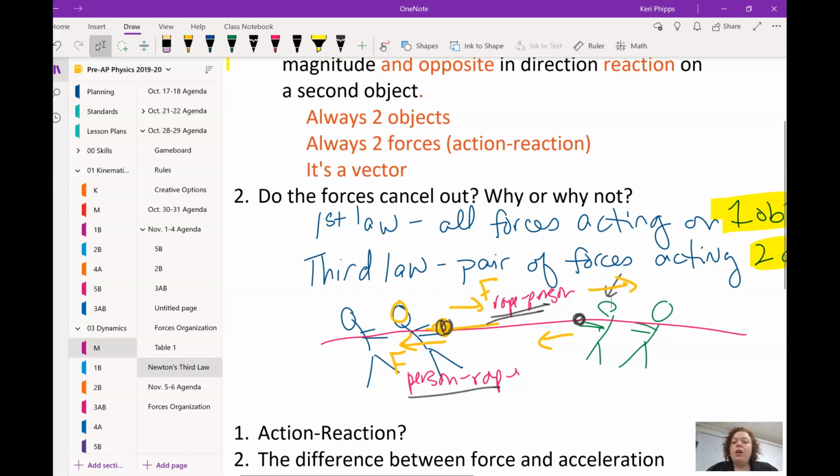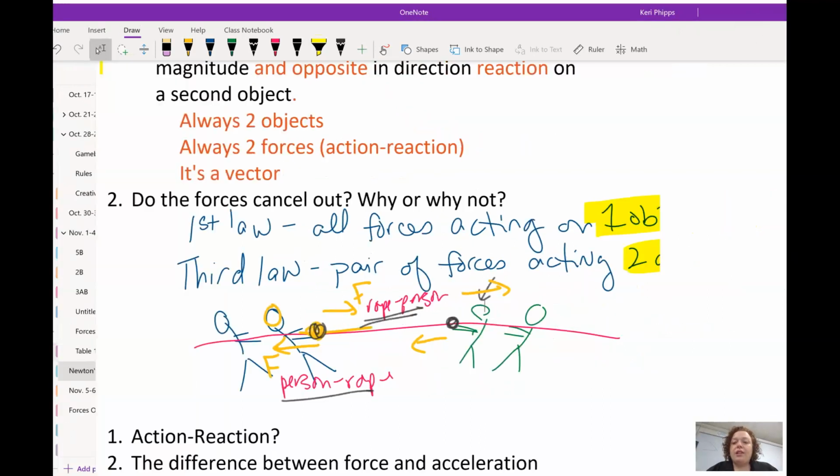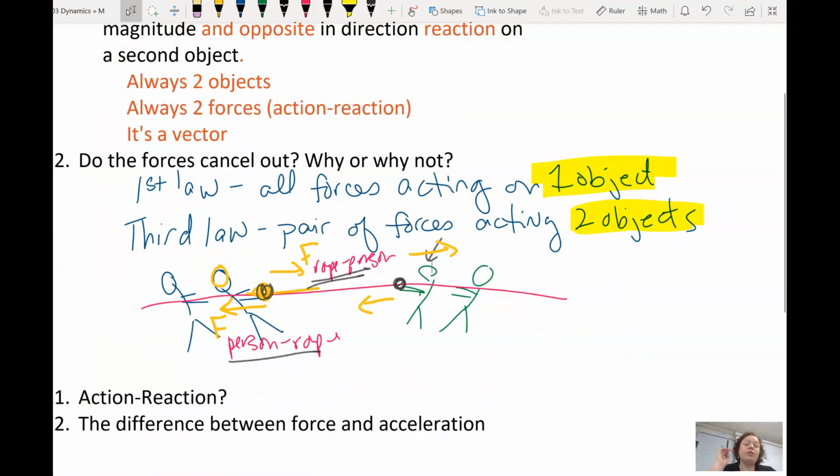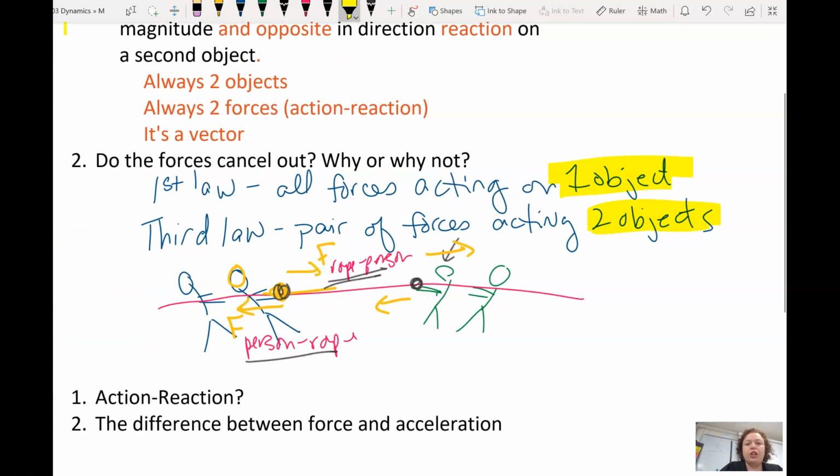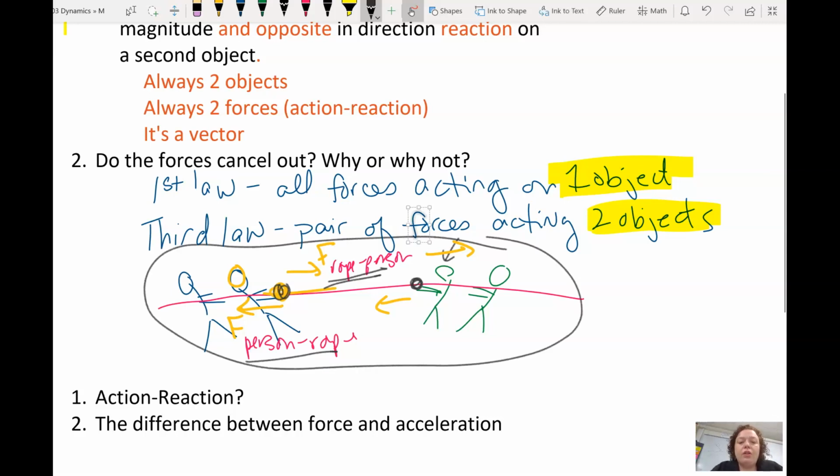The reason why they can't cancel out is because of the idea of a system. All of these guys in here, they're all pushing. All right, this is our system.